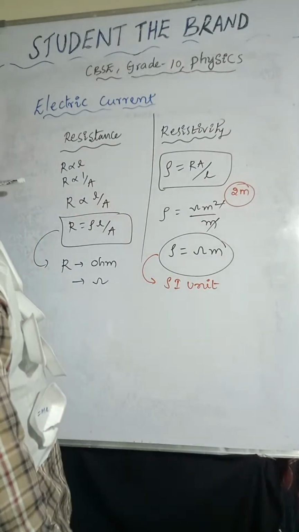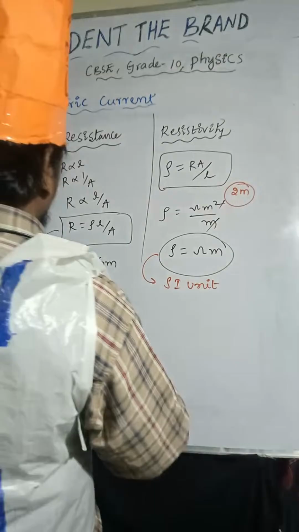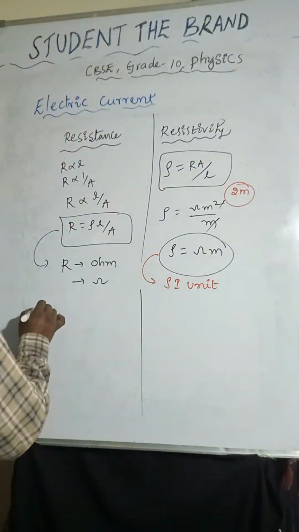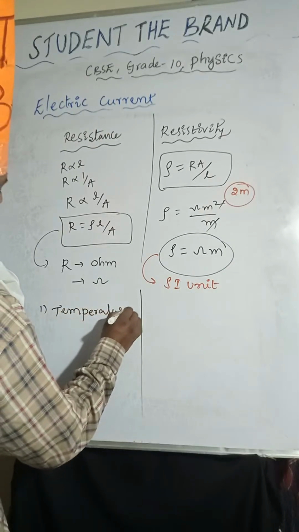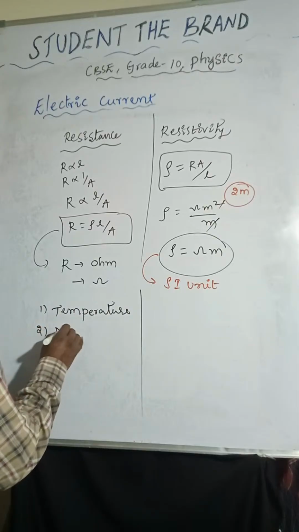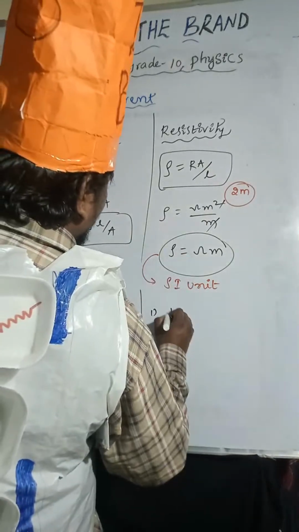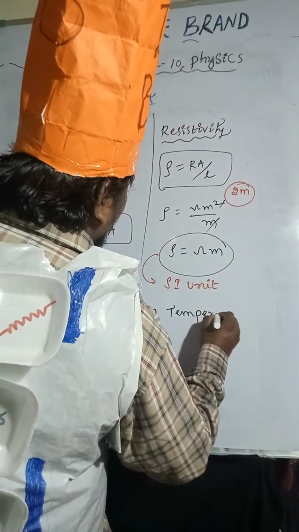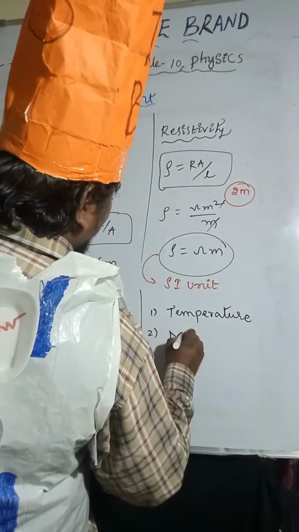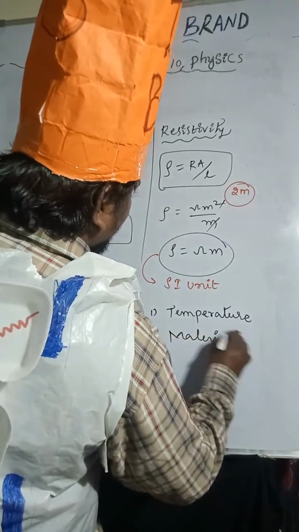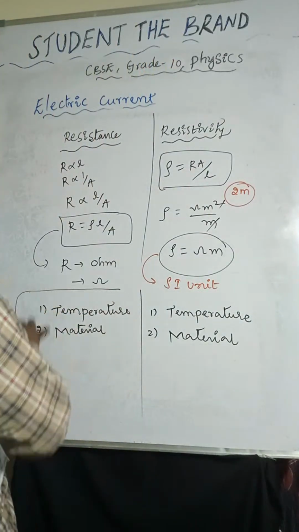And here you can observe resistance depends on the length and area of cross section. So here the depending factors: common points are temperature, and the second one is the material of the conductor.